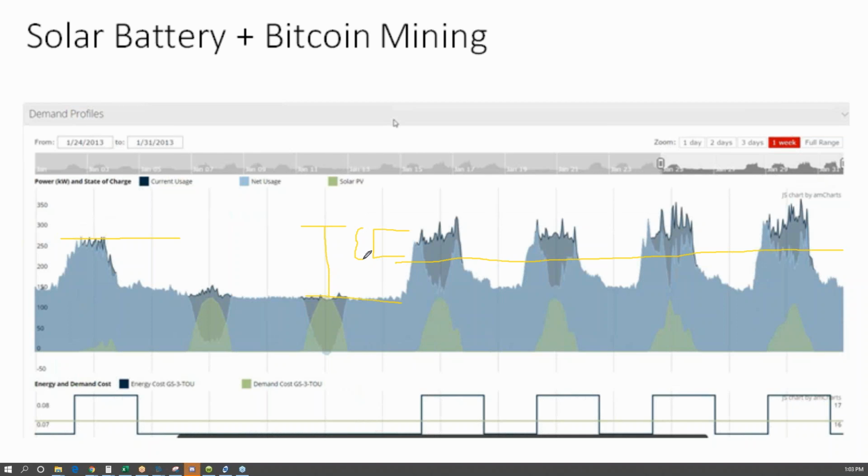A solar peaker might be able to be sized for half of that, or a more cost effective one might only be sized for a quarter of that. And depending on which option we do is going to be dependent on the budget and how fast of a payback you want. So the next kind of missing piece of this puzzle.